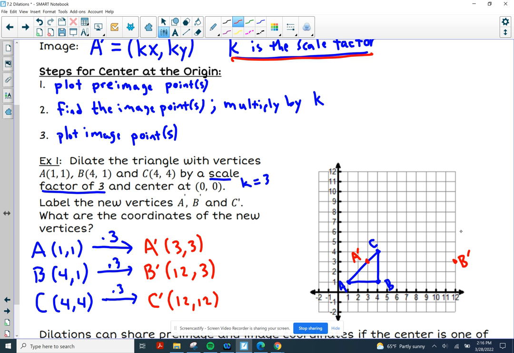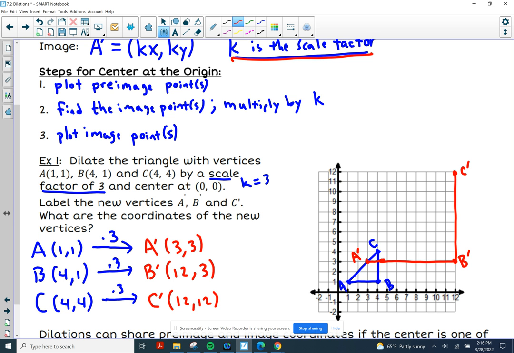And then my C prime is (12, 12). It's going to be right up here. Notice my vertical BC is going to be transformed to a vertical B prime C prime. So now that we have those coordinates, we're going to connect the dots. Notice the horizontal segment AB was transformed to a horizontal segment A prime B prime that's 3 times as long.